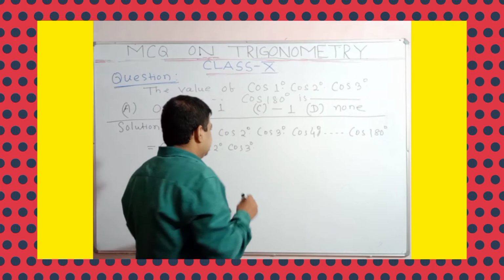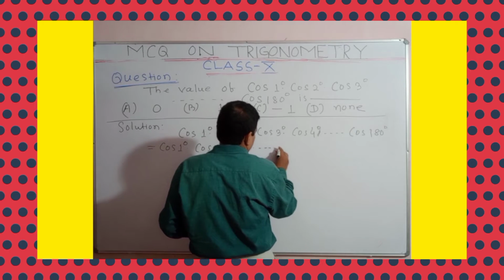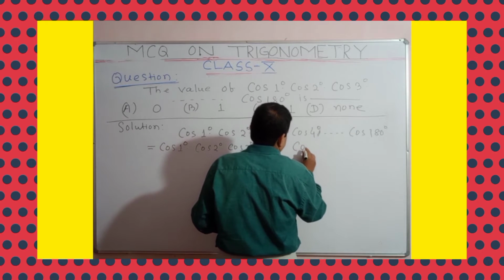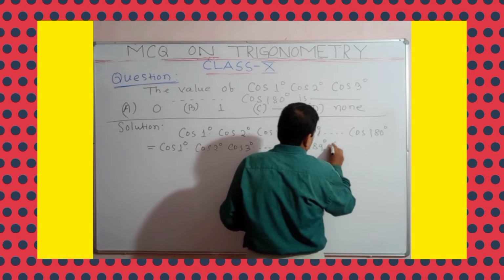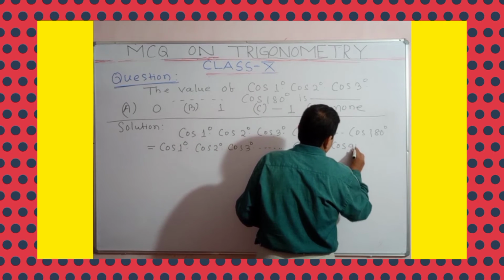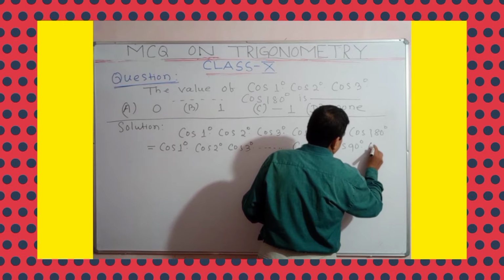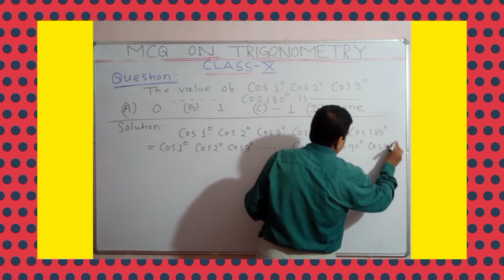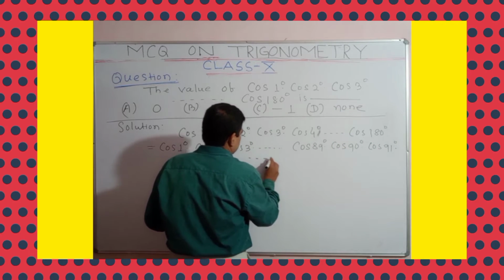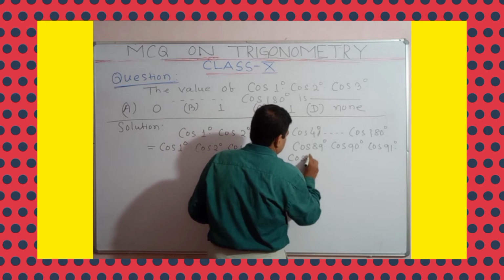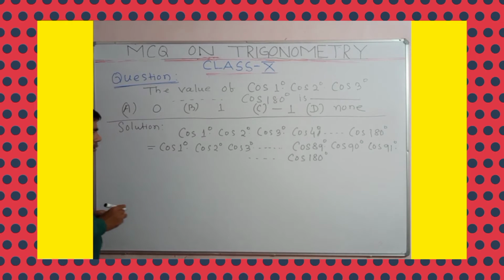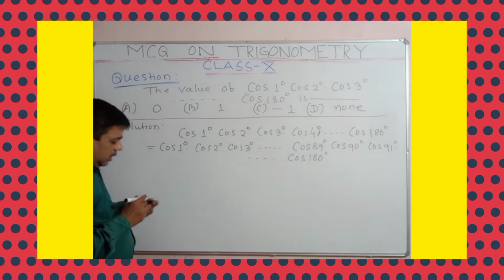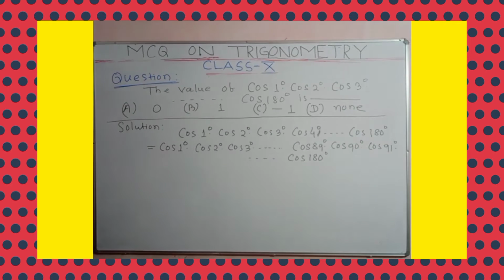Yes, cos 4 degree, up to we can continue cos 89 degree into cos 90 degree into cos 91 degree, up to we can continue cos 180 degree. Can you write or not? Understand or not? And you know cos 90 degree is 0.